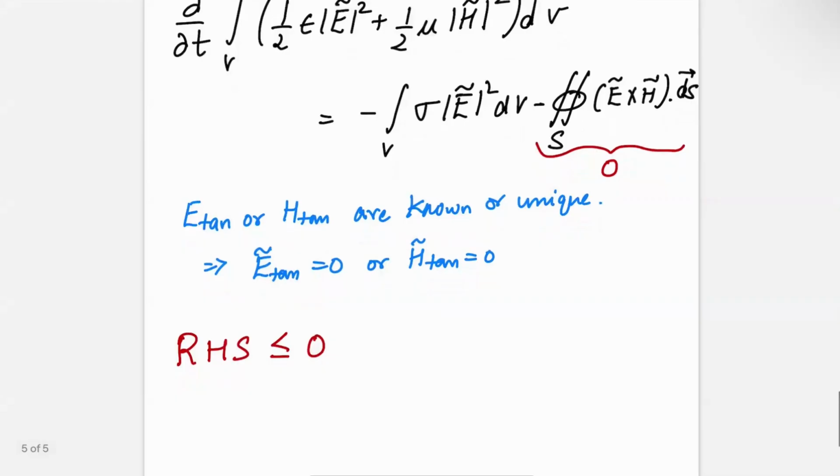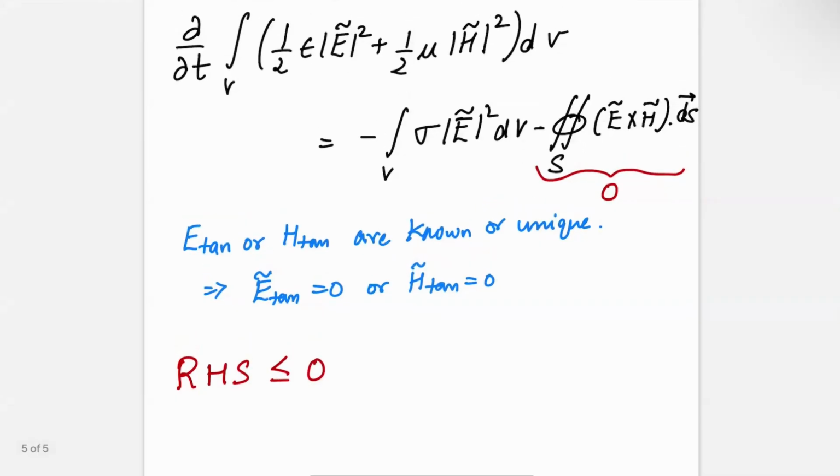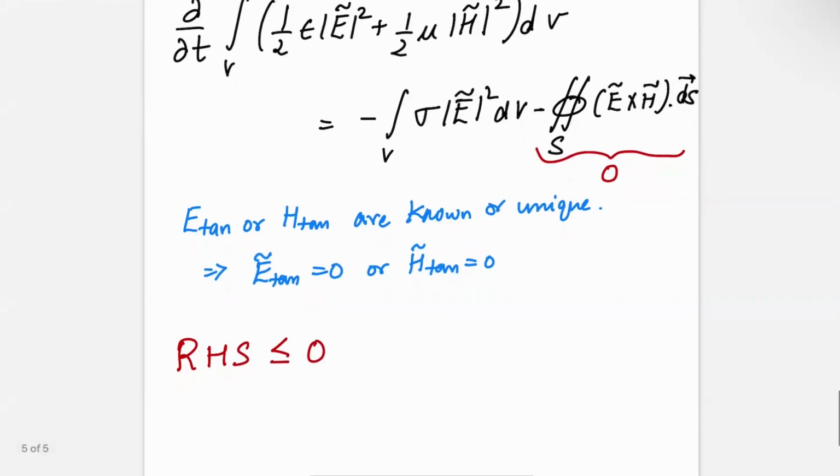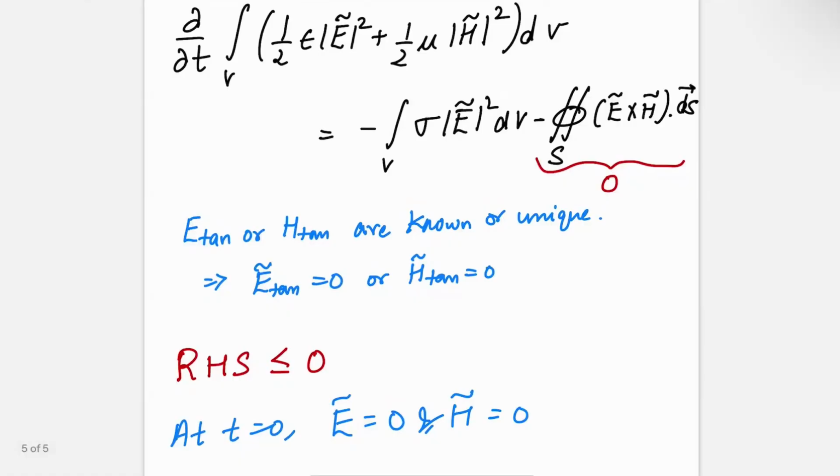Then we apply the second condition, which says that at t equal to 0, the fields everywhere were unique. E tilde and H tilde everywhere were unique, which means that E tilde was 0 and H tilde was also 0, because at t equal to 0, E1 equals E2 and H1 equals H2 everywhere.